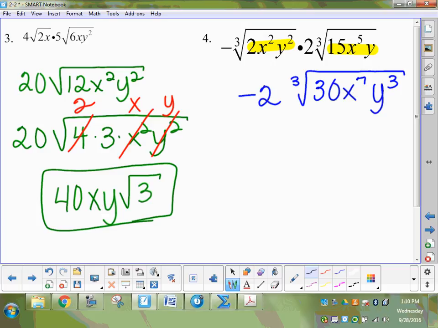Okay. What's the y going to be? No. You're taking the cube root of y to the third. Just a y. I want to break this up too. How would you break down the x? Or what would you be left with? No? How many times does 3 go into... So, what's going to be left and where?